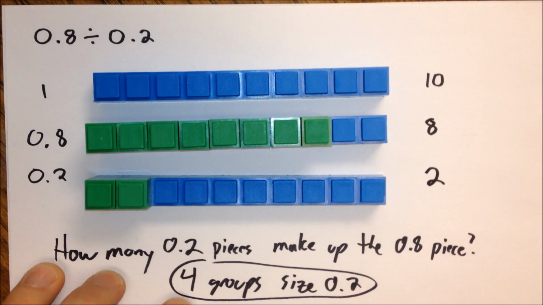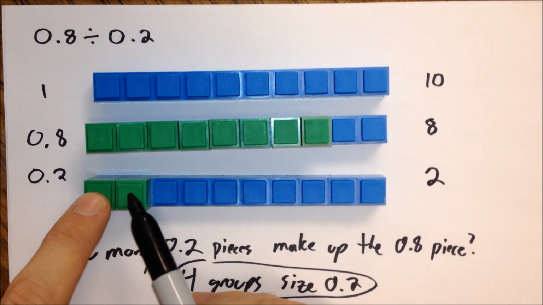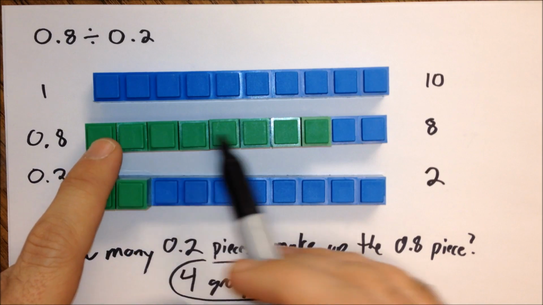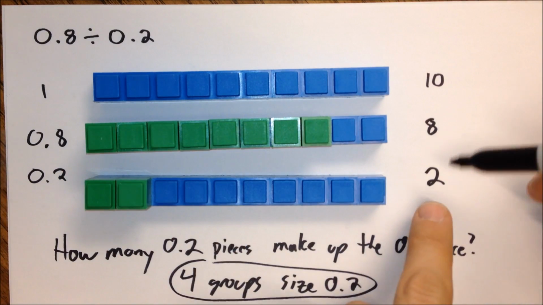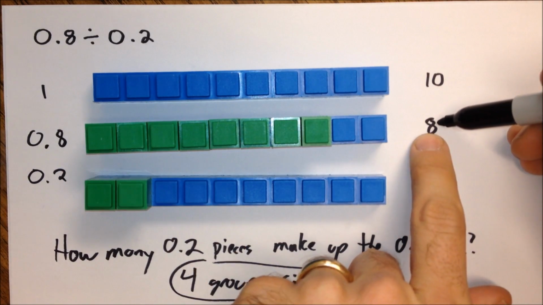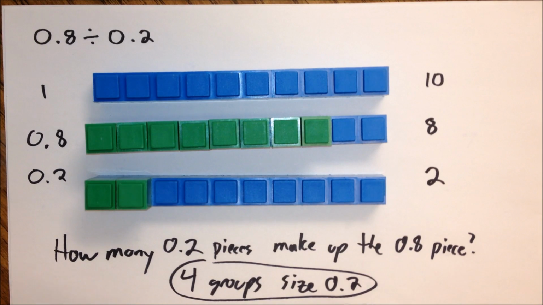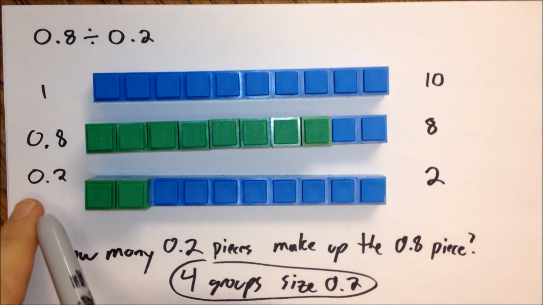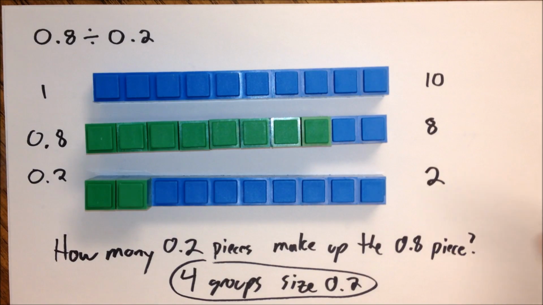And what you'll notice is dividing 2/10 into 8/10 is the same as taking 2 and putting it into the number 8. All we've done is change our perspective. We've just shifted what we're thinking of as the unit. Instead of the unit being whole numbers, they're now tenths. But the division was actually the same.